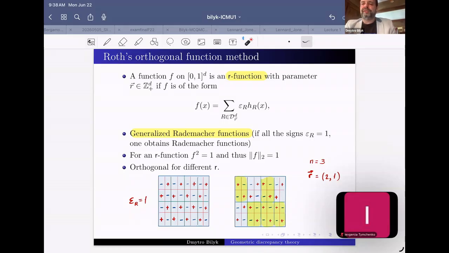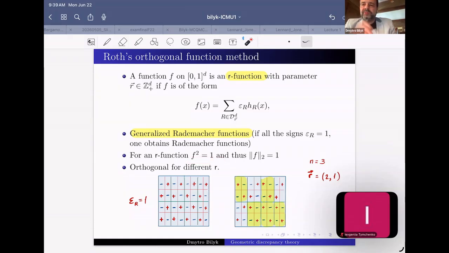But in this definition, we're allowed to flip some of the functions. We're allowed to put negative signs. So here the yellow rectangles are flipped. Okay. So these will be our basic building blocks, these so-called R functions. And this explains the reason why we normalized these guys in L infinity, because now if you look at any of these functions, if you square them, they're just identically equal to 1.